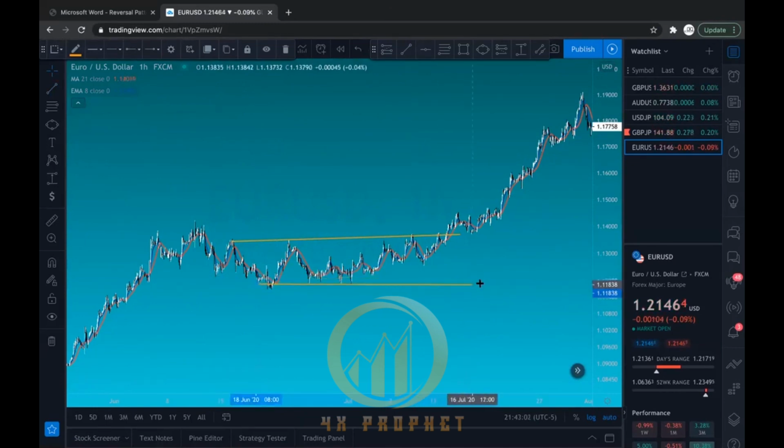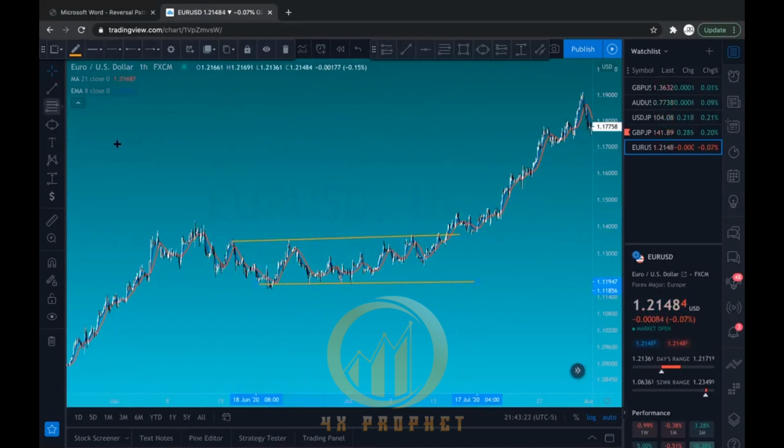As you can see, it hit resistance, came down to support, hit resistance, and it finally broke out. So a ranging market is just when the market is consolidating, moving sideways. How you would know when to get in, you just wait to see when it hits support or when it hits resistance. That would be the perfect entry.